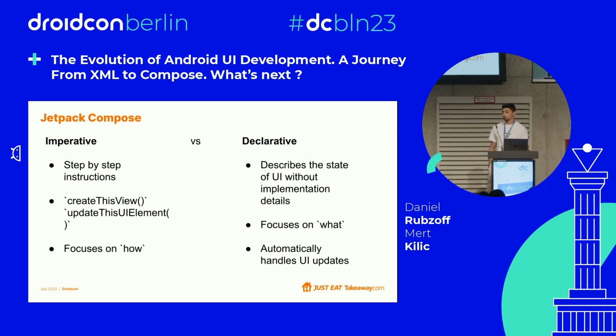The framework or library that you use interprets this high-level description and automatically handles creating or updating the UI. These declarative UI frameworks typically provide a set of components, properties, and rules for describing the UI. Examples of declarative UI frameworks are Jetpack Compose and React Native.